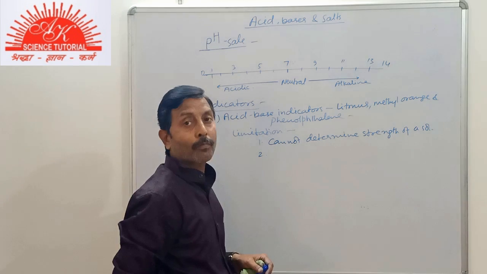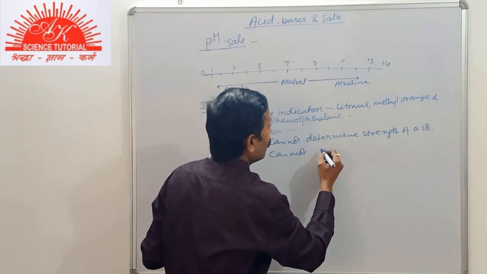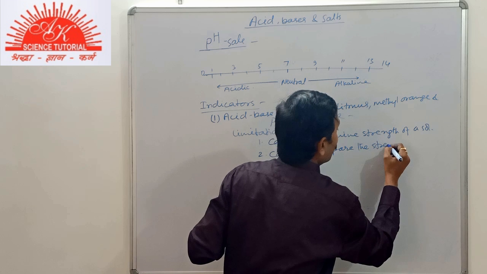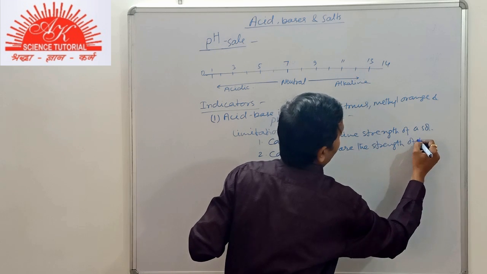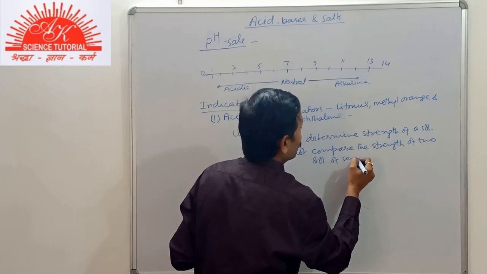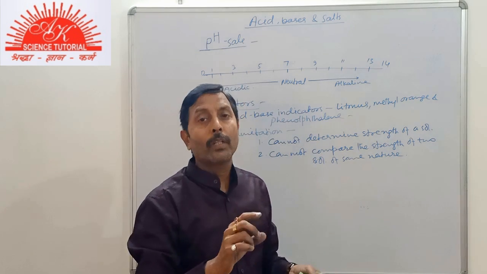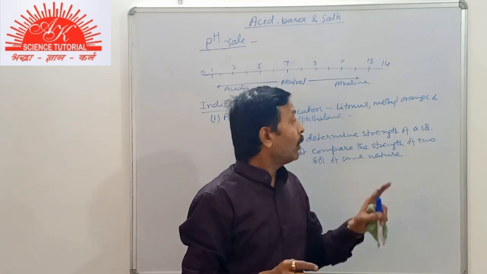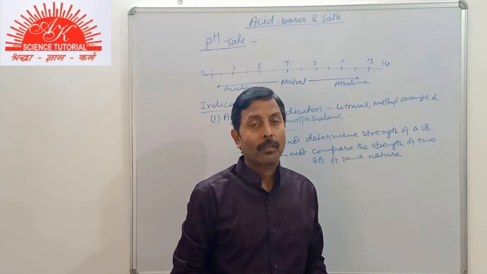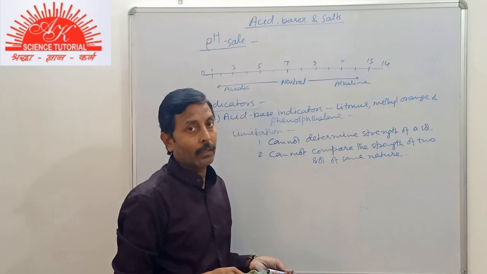And second, they cannot compare the strength of two solutions of the same nature. It means if we have two acids like hydrochloric acid and acetic acid, and we add litmus paper to them, in both cases it will turn red, but it will not show which is strong and which is weak.